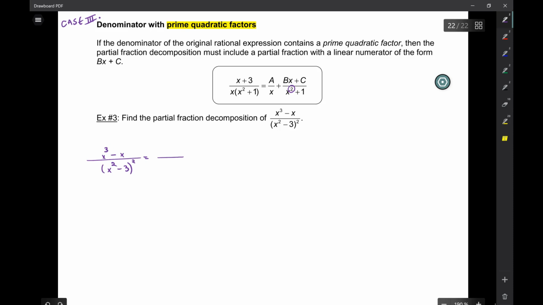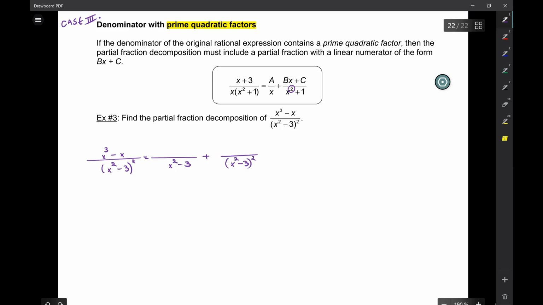Okay, so now look at what we're going to do here. What kind of denominator is this? You've got a repeated factor. So you have x squared minus 3 squared. That means we need to have 2 fractions. One gets an x squared minus 3. And the other gets an x squared minus 3 squared.